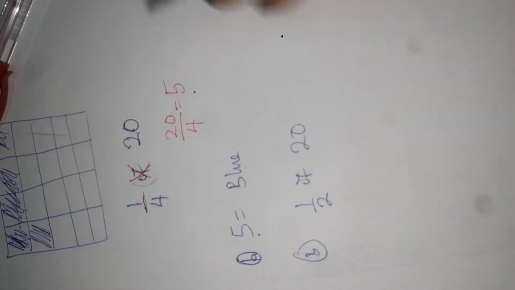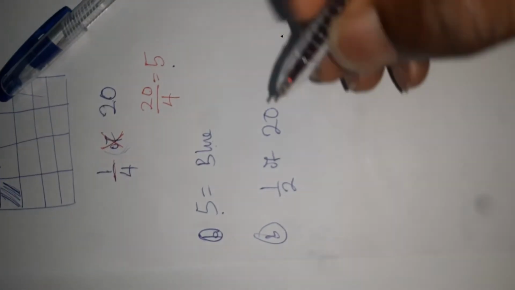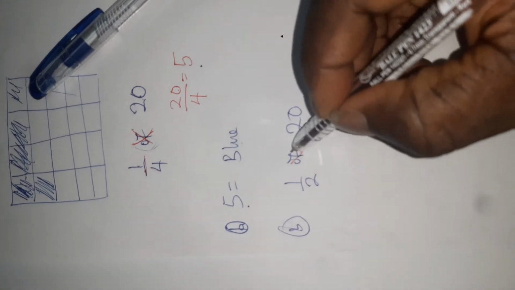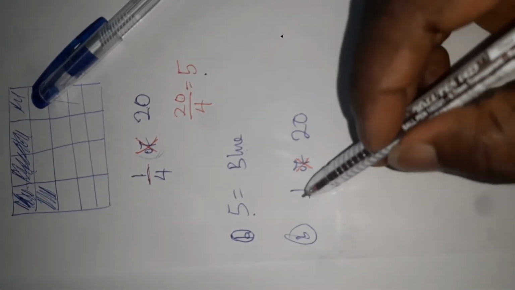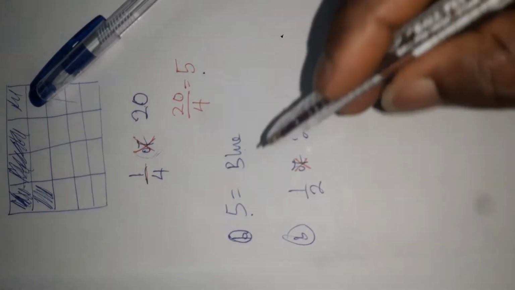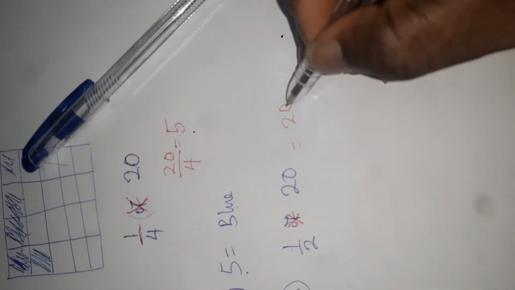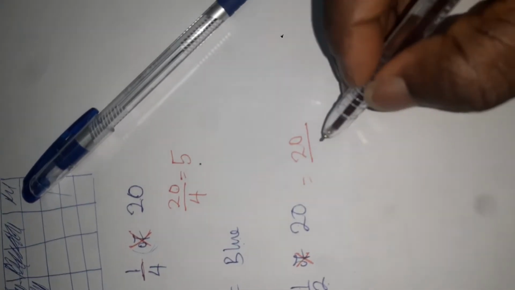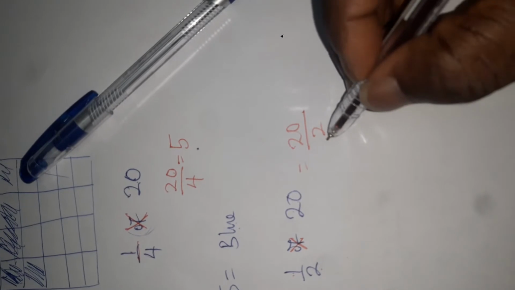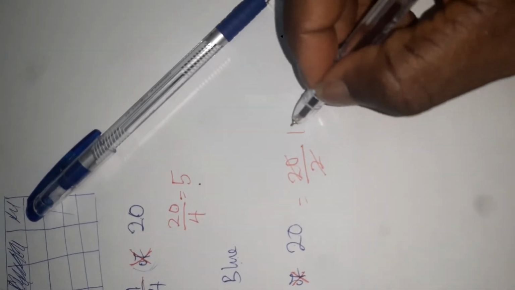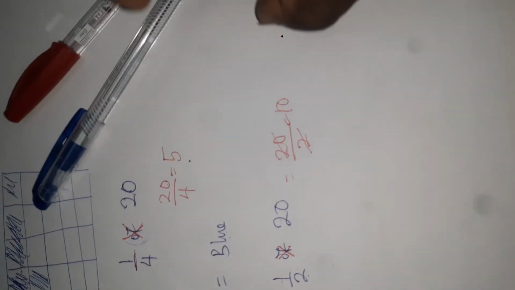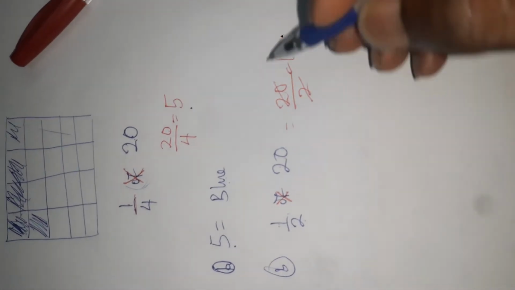Is 20. Now you're going to change your "of" to multiplication. So 1 multiplied by 20, you have 20 divided by 2. Now how many times will 2 divide 20? 10 times. Now this 10 means 1 out of 2 of 20 is 10.